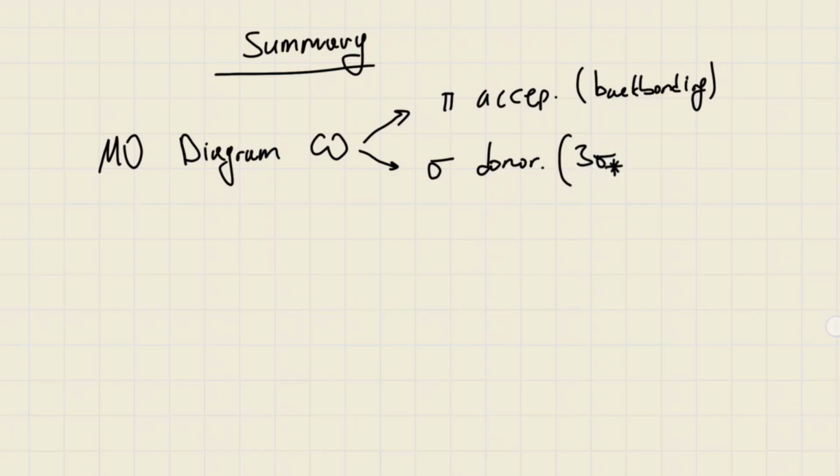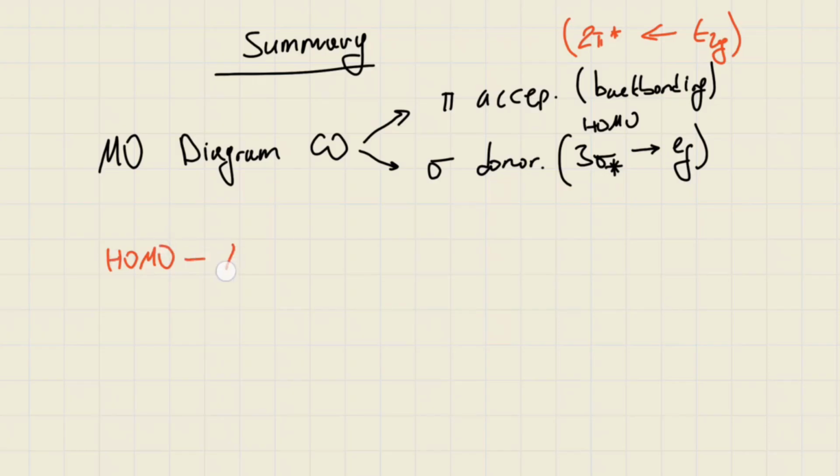And there is an electron transfer from the 3 sigma HOMO orbital to the metal eg orbitals. And in the pi-accepting case, this is the opposite. T2g orbitals give the electron to the 2 pi star orbitals of the CO molecule. So they are different from each other. And HOMO and LUMO orbitals of CO have anti-bonding character. Both of them, HOMO and LUMO of CO molecule, have anti-bonding character.